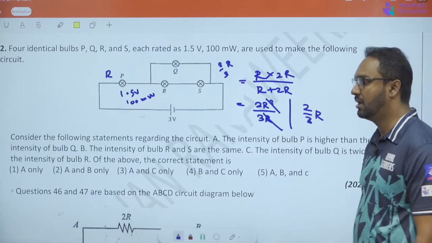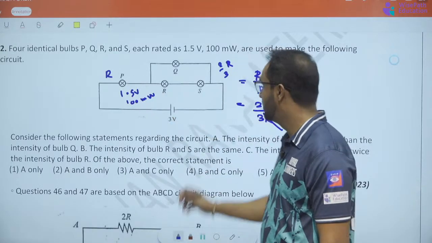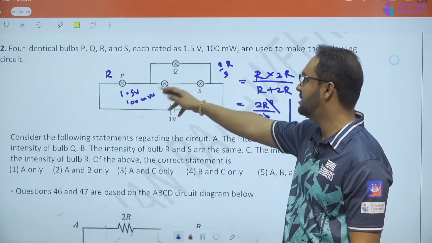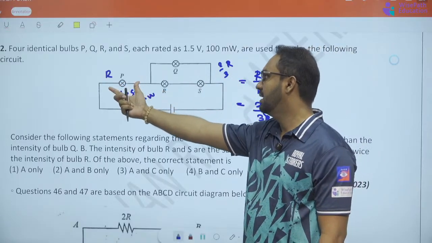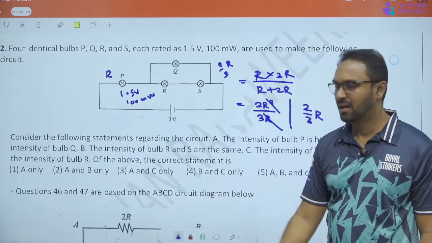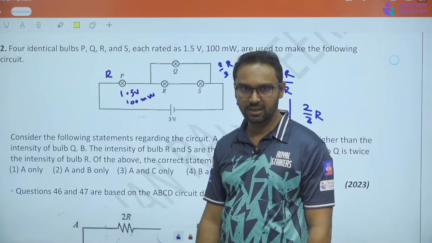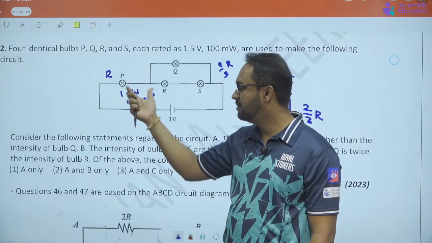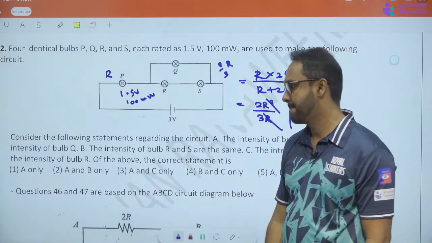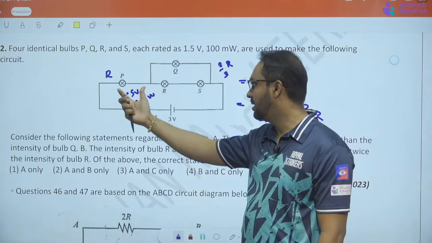And this is basically R. So this has less resistance, this has more resistance, which means this gets more voltage. I hope you understand. The larger the resistance, the more voltage it takes, right? So this is 2R over 3, this is R.